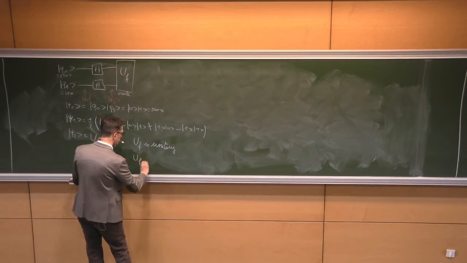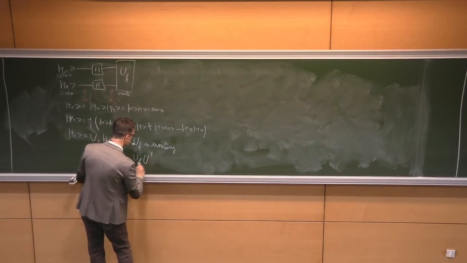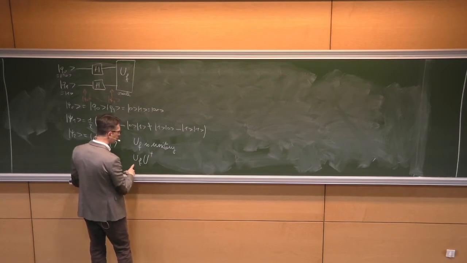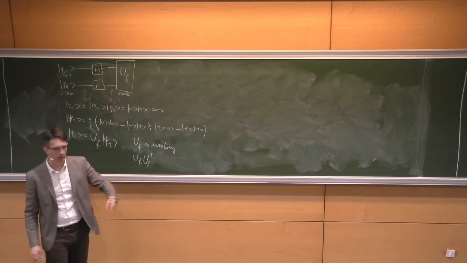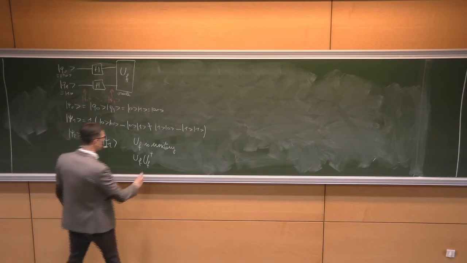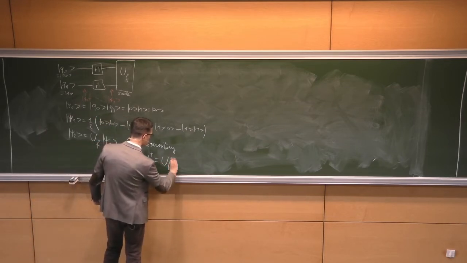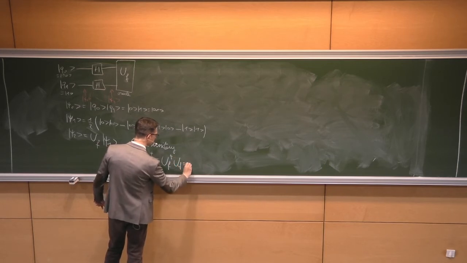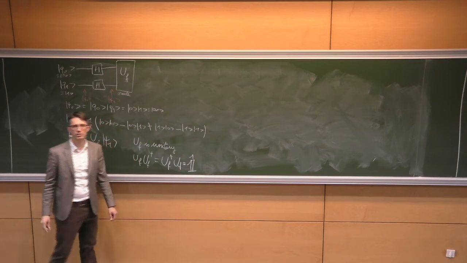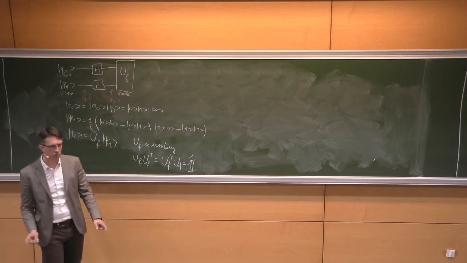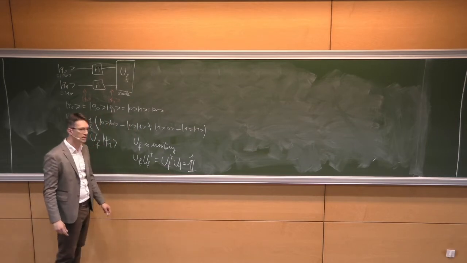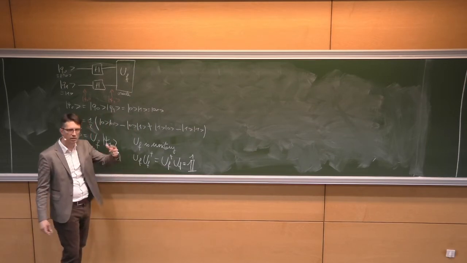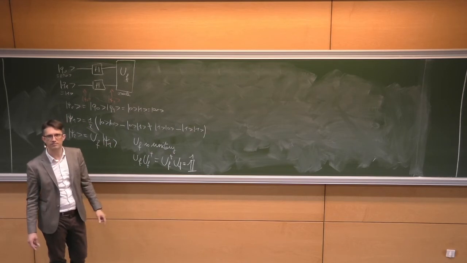Being unitary tells you that the matrix U of F times U of F dagger, remember, the transpose complex conjugate, is equal to U of F dagger times U of F, and this is identity. Okay, so it's different from Hermitian matrices. For Hermitian matrices, U of F equals U of F dagger. Here, in this case, U of F dagger is the inverse.